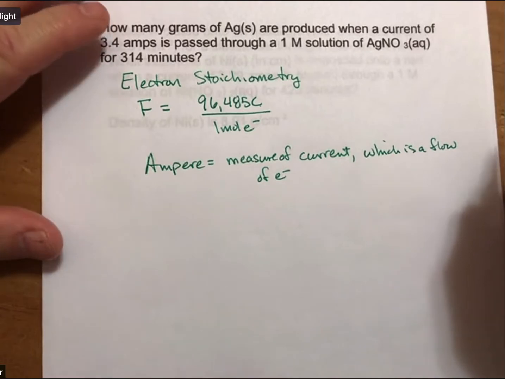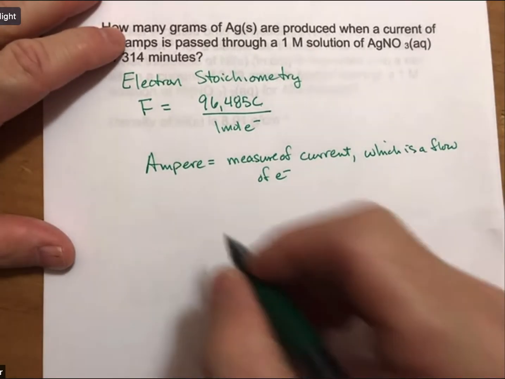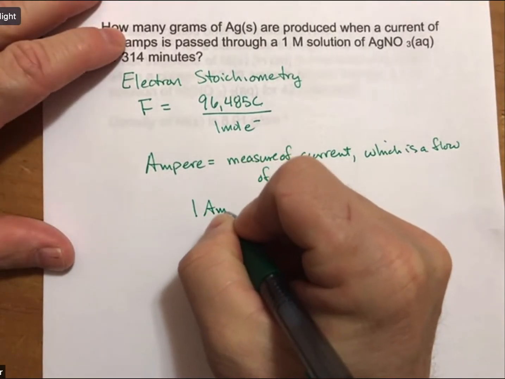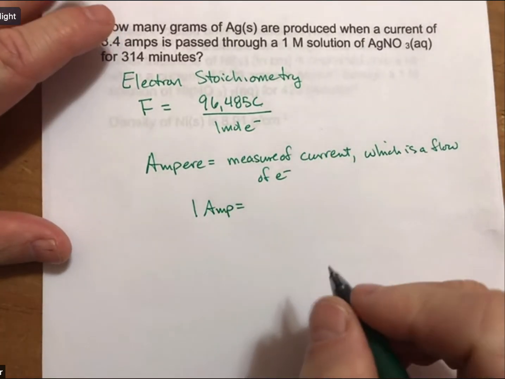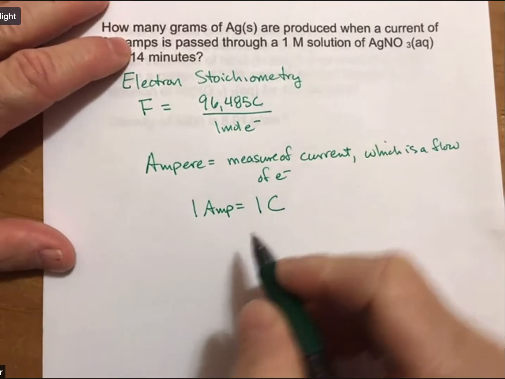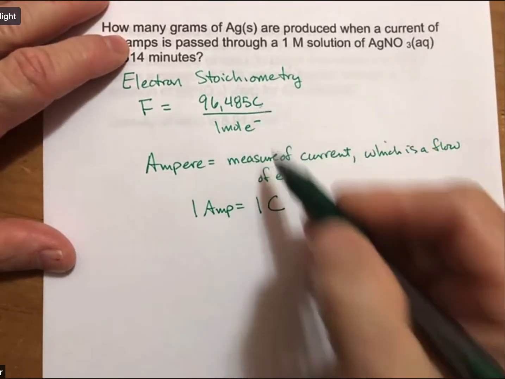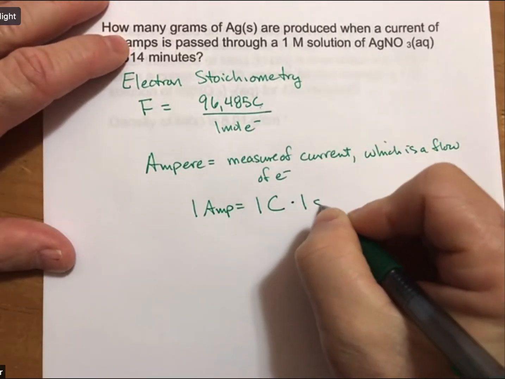Now, the relationship we need is that 1 amp equals 1 coulomb per 1 second. And that's what the C stands for, coulomb per 1 second.